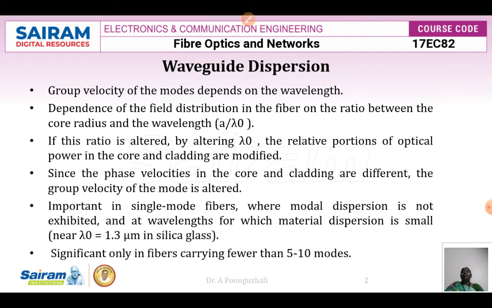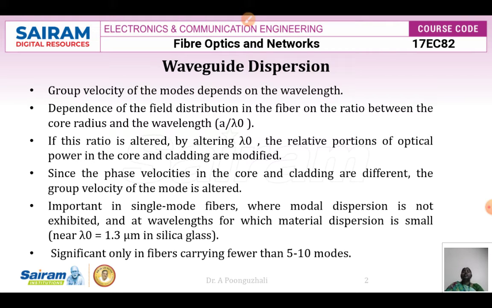Mainly, waveguide dispersion can be observed in single mode fibers, where modal dispersion is not exhibited. In this case the material dispersion is going to be smaller, for lambda naught equal to 1.3 micrometers in silica glass.